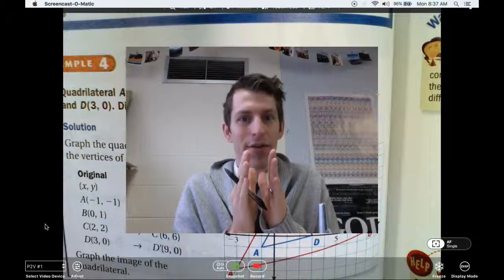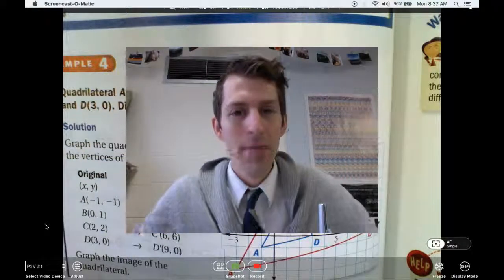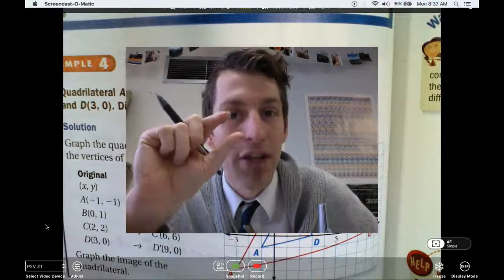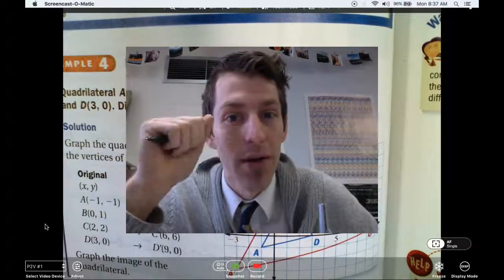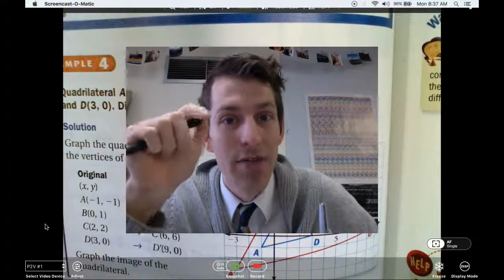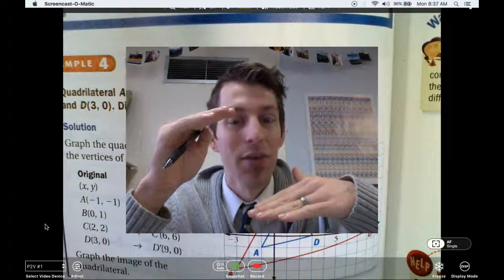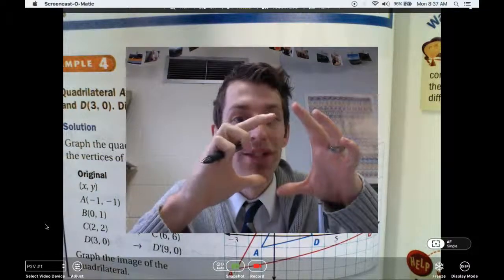Or a scale factor of 5, it's 5 times as long. But if you multiply by a fraction or a decimal somewhere between 0 and 1, like 0.2 or 4/5, you make it smaller. You make it shrink.